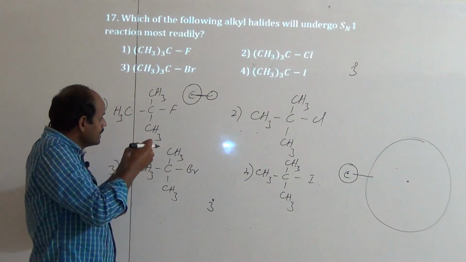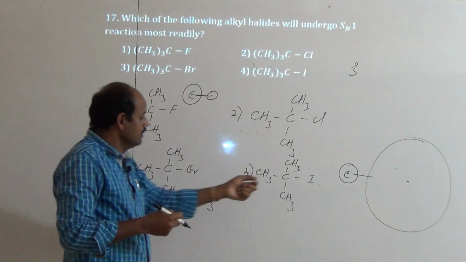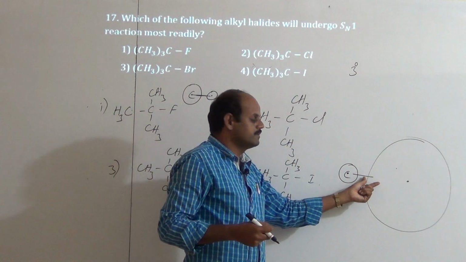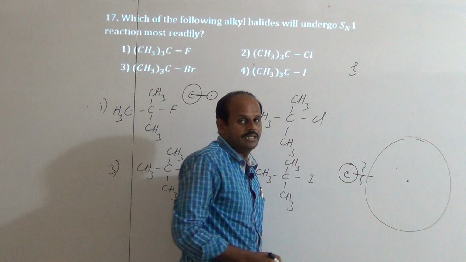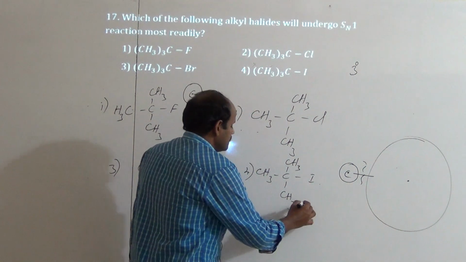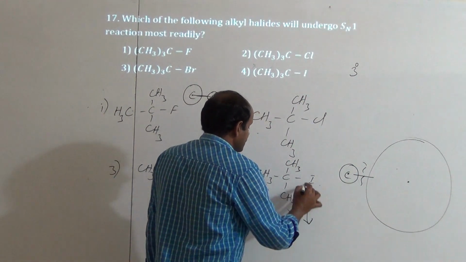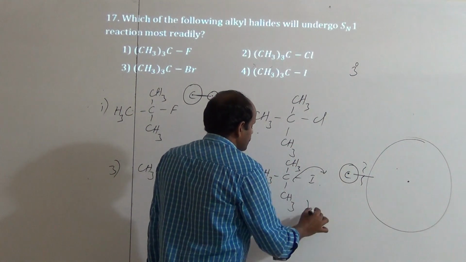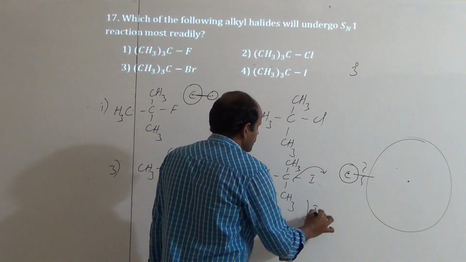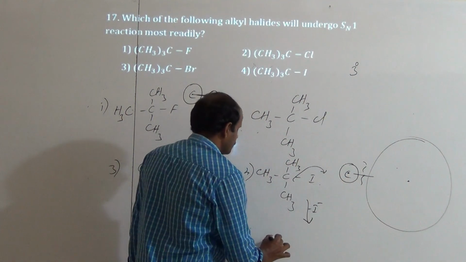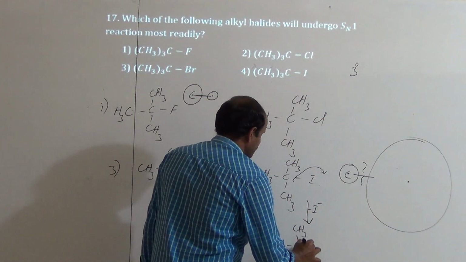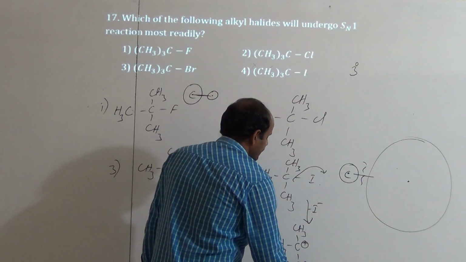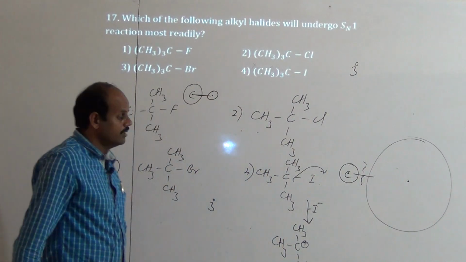Here the distance is more, attraction forces are weak, so this bond will break easily. When this bond breaks easily, the iodine is removed as I minus, then this carbon gets a positive charge, that means we get the tertiary carbocation easily.